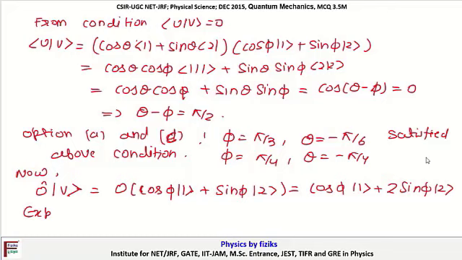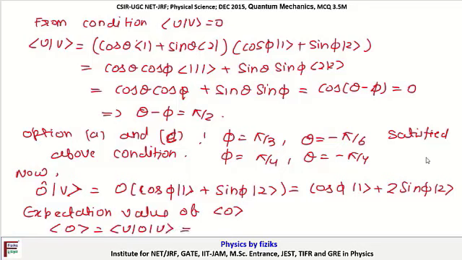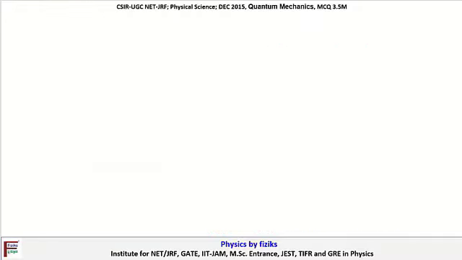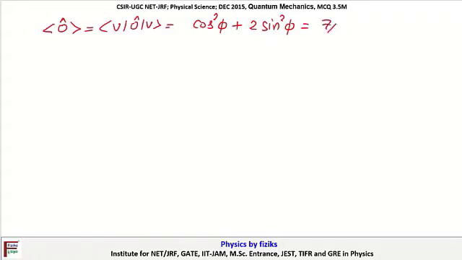Now the expectation value <v|O|v> equals cos squared phi plus 2 sin squared phi, which equals 7 by 4.